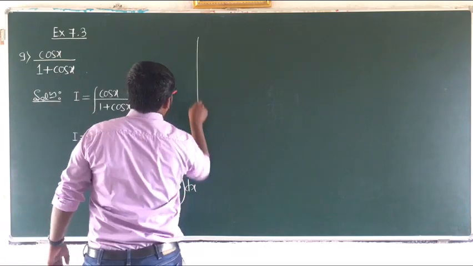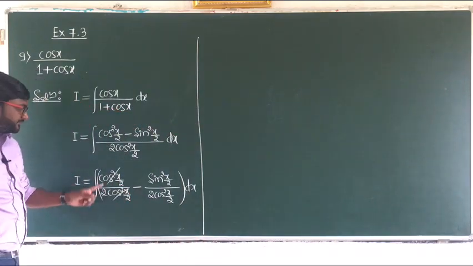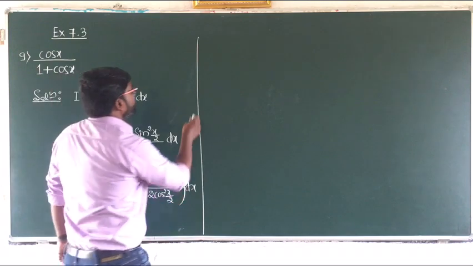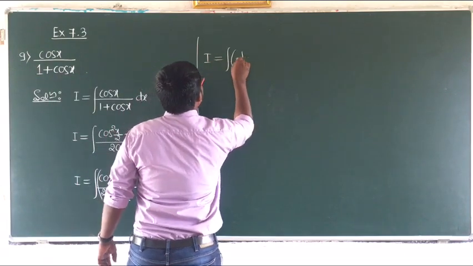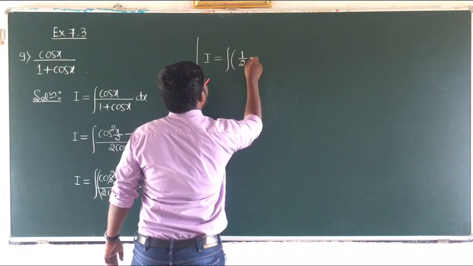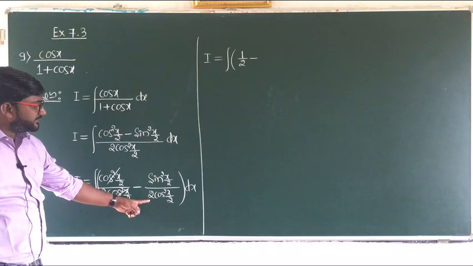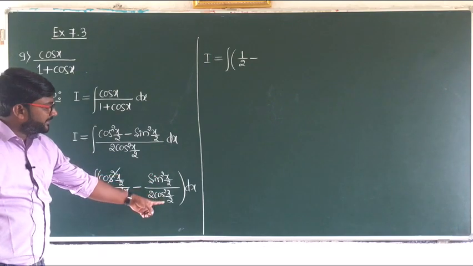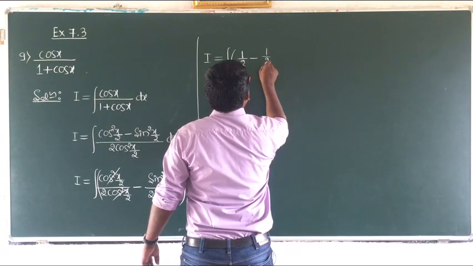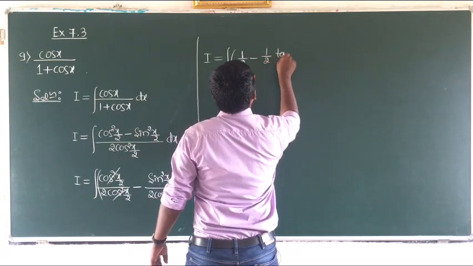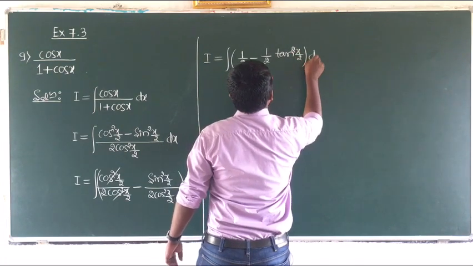So now see here, cos square x by 2 and cos square x by 2 get cancelled. So we get only 1 by 2. I is equals to integral 1 by 2 minus, again I write 1 by 2 as it is, then sin square x by 2 divided by cos square x by 2 will be tan square x by 2. So 1 by 2 into tan square x by 2 dx.